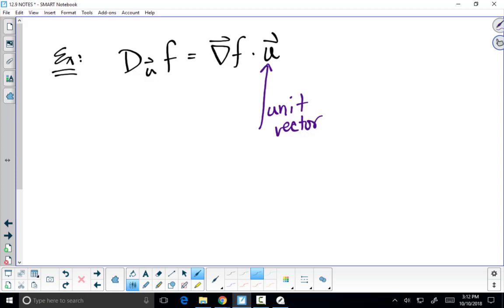Minus 1 times the gradient will point in the direction of steepest descent. The norm, or the magnitude of the gradient, will be the steepest rate of change, and minus 1 multiplied by that number will be the rate of change in the direction of steepest descent.